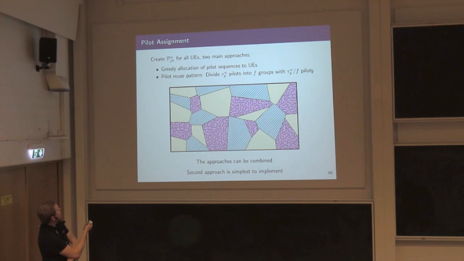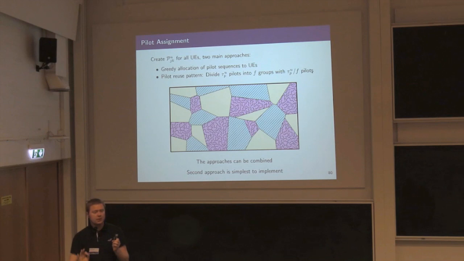There are mainly two different approaches that you can find in literature. One of them is to try to allocate sequences directly to the users. And that is a combinatorial problem. You should take all of your pilot sequences and give them out to the users, trying to find the best way of doing that. And that is totally crazy to try to do over a large system in an optimal fashion.